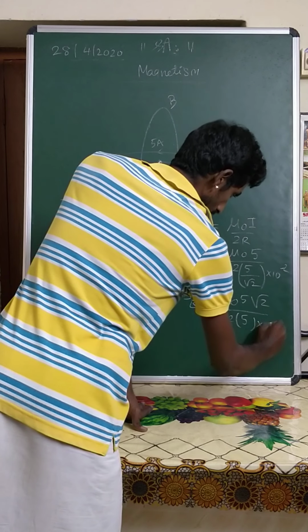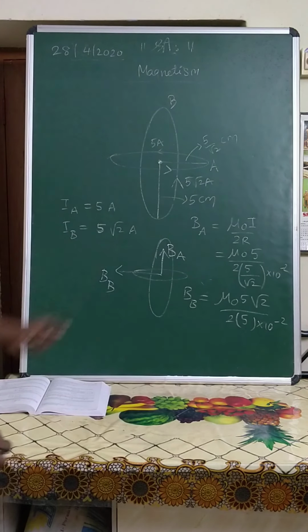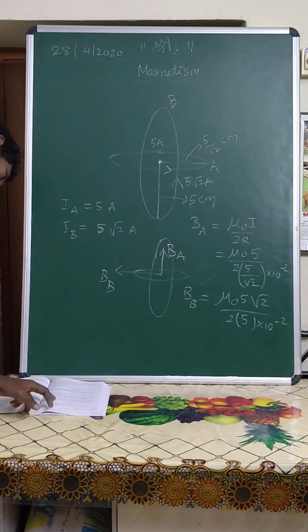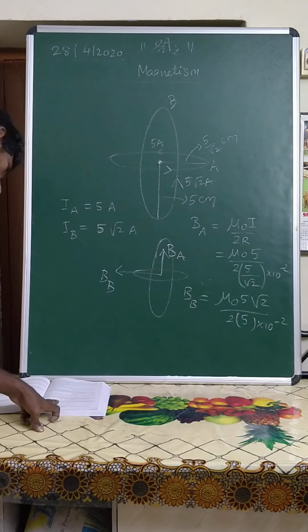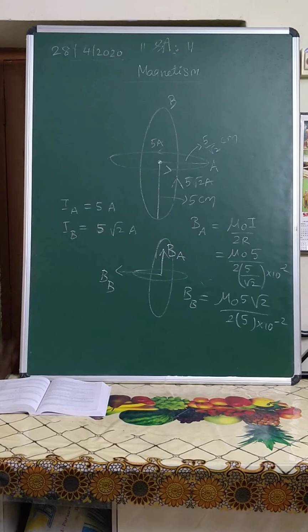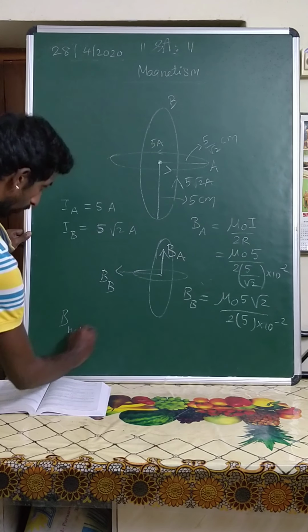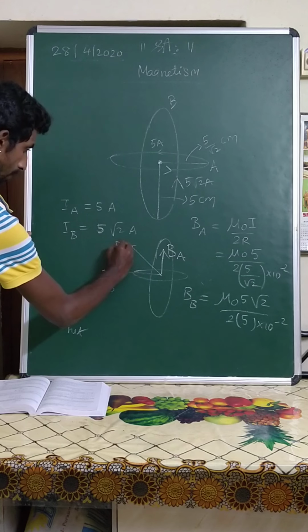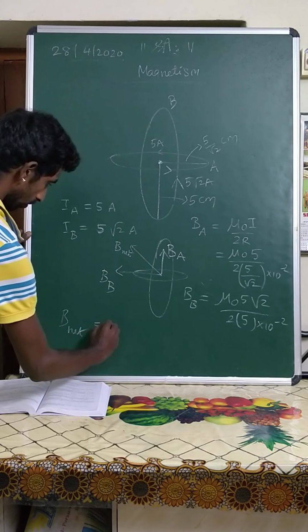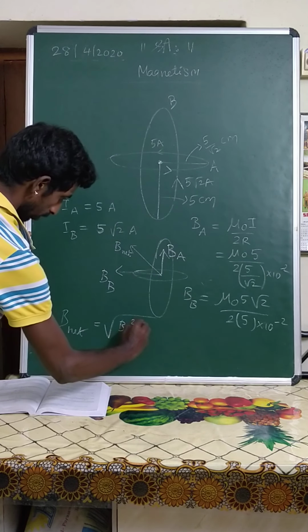Finally, we want the magnetic field at the center. Both fields are perpendicular to each other, so we use the Pythagoras theorem. The net resultant magnetic field is B net, which is root of BA square plus BB square.